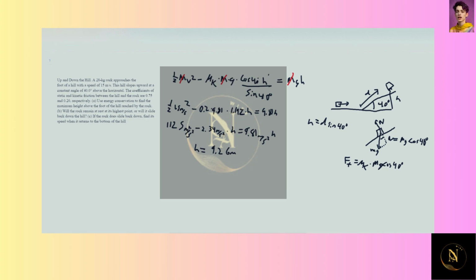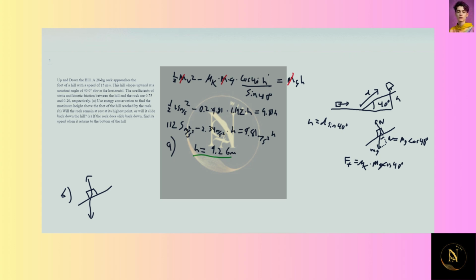Okay, part b is finding whether the rock will remain at rest at its highest point or slide back down the hill. In order to do that, let's again make a free body diagram of this block at the angle of 40 degrees that it is at. We have gravity acting on it, and the normal force from the slope itself.